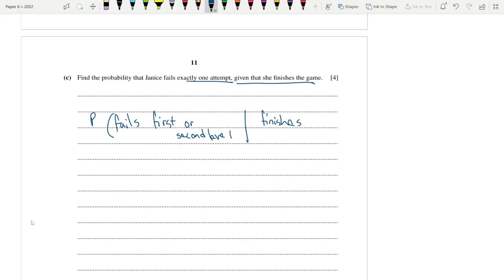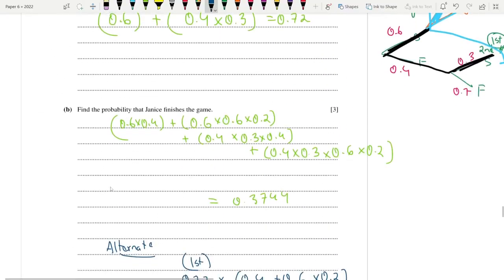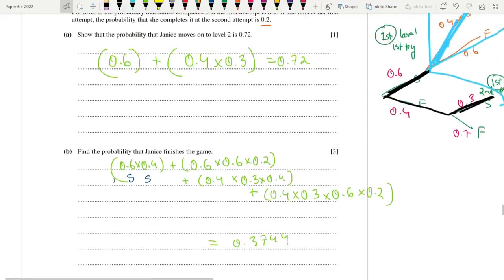She finishes the game. So the condition will always go to the denominator, and the numerator must be a part of the denominator. So this was success, success. This was success, fail, success. This was fail, success, success.